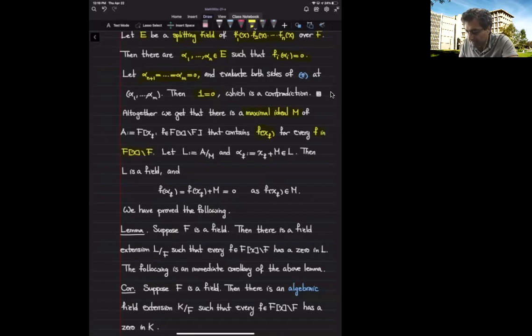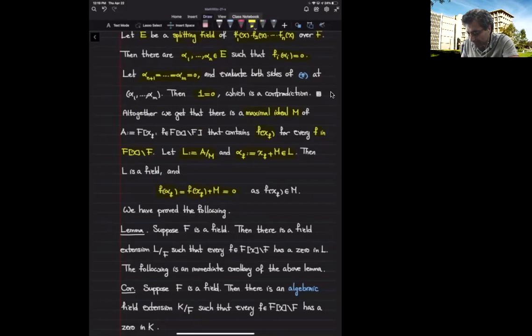Now, if I let L be the quotient ring A over M, and let alpha sub f be the coset represented by x sub f inside L, then as before, f of alpha sub f is f of x sub f plus M, and that is 0.